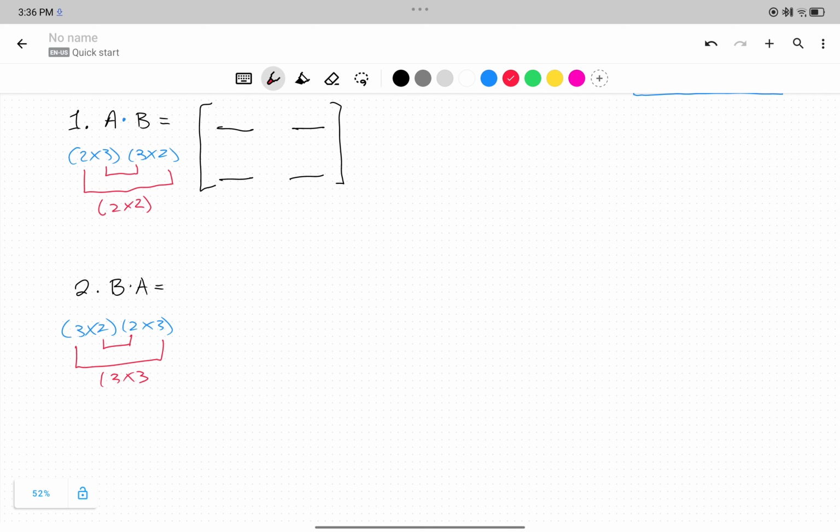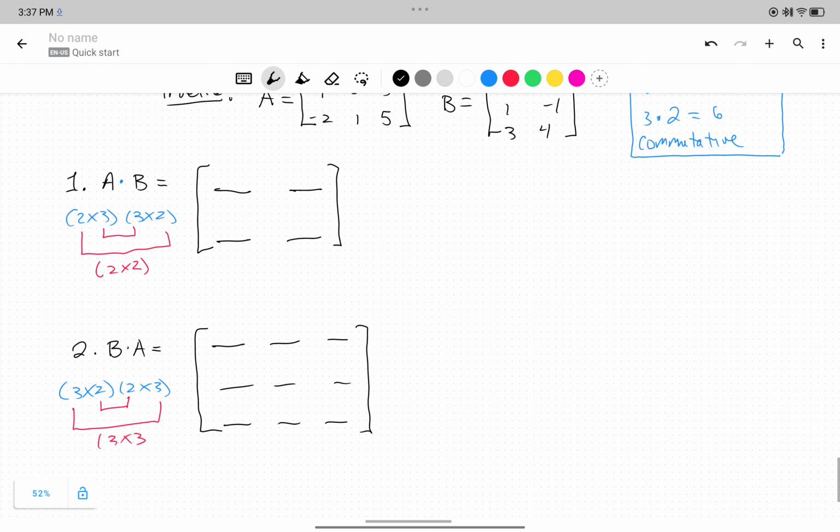It's not going to give you the same answer if you change the order. This is going to have 1, 2, 3, 1, 2, 3, 1, 2, 3. So matrix multiplication does not have the commutative property. If you change the order, it's a different answer.